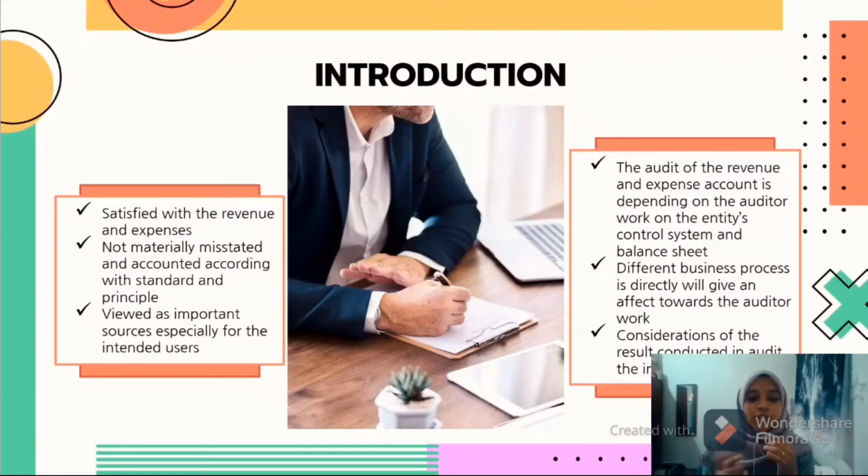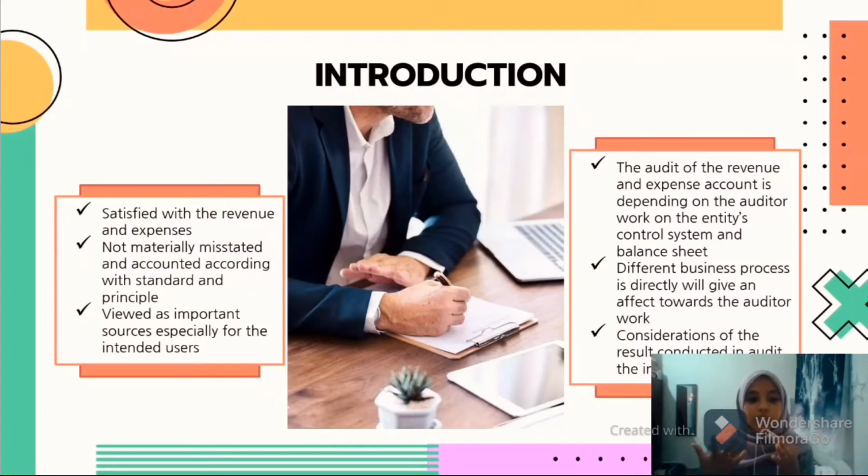And from the vendor's side, they may examine the entity's earnings potential in order to assess whether the entity will be able to pay for goods or services purchased on credit.